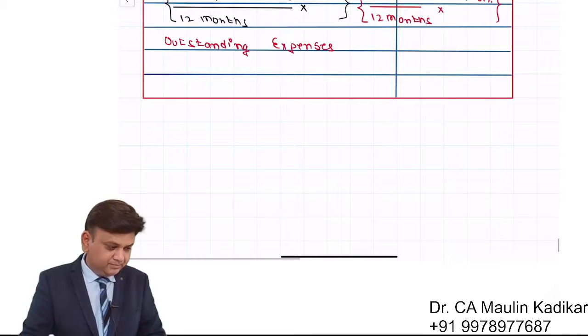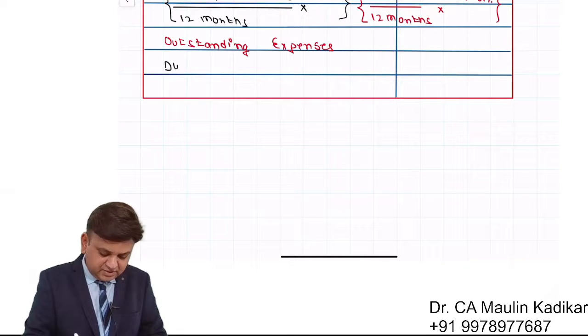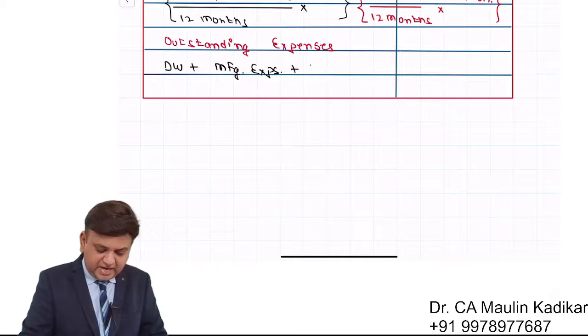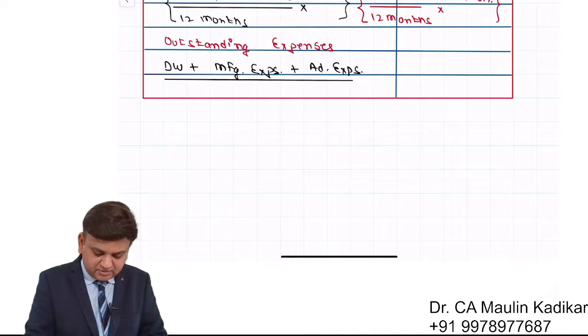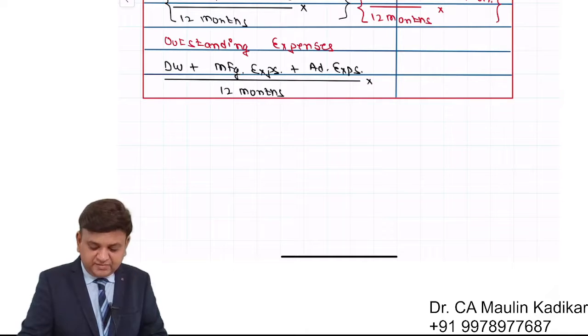In that, direct wages plus manufacturing expenses plus administration expenses, whole divided by 12 months into average payment period.